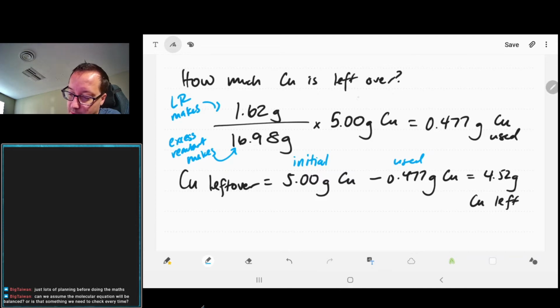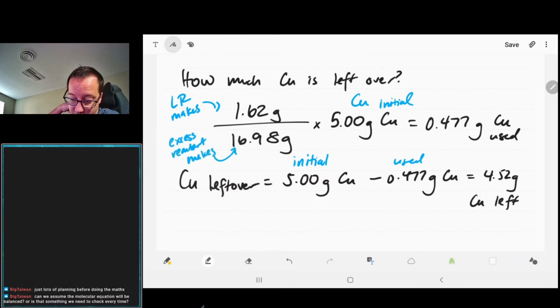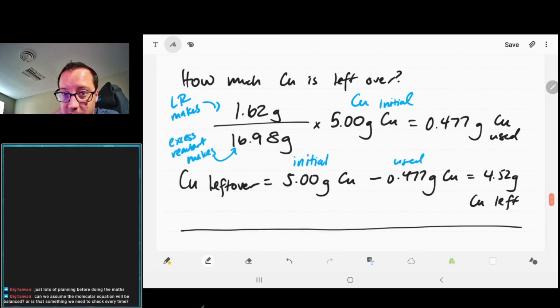And this is going to be the copper we started with. So that's another thing you can do with this. There will be a problem on that on your homework, so just keep that in mind.